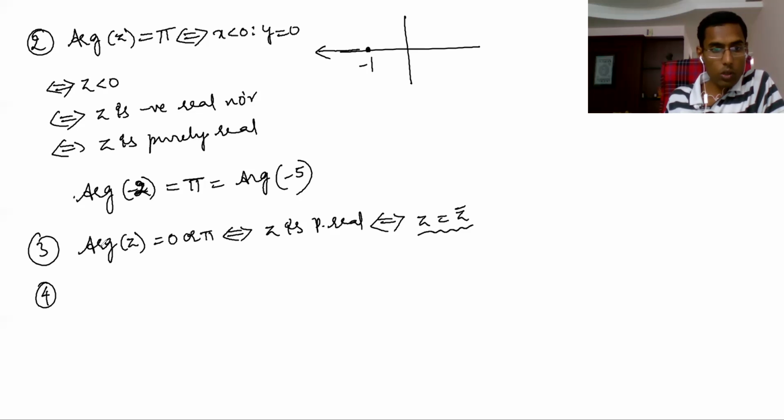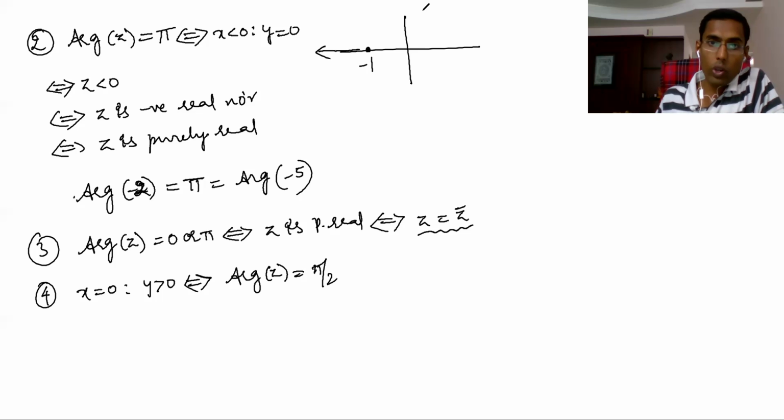Now let's see this one. If x is equal to 0 and y is greater than 0, that implies and is implied by argument of z equal to pi by 2. Where is this argument of z equal to pi by 2?